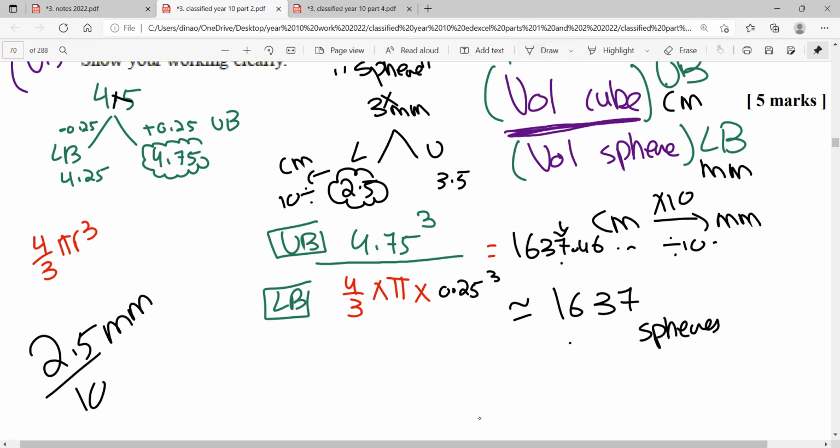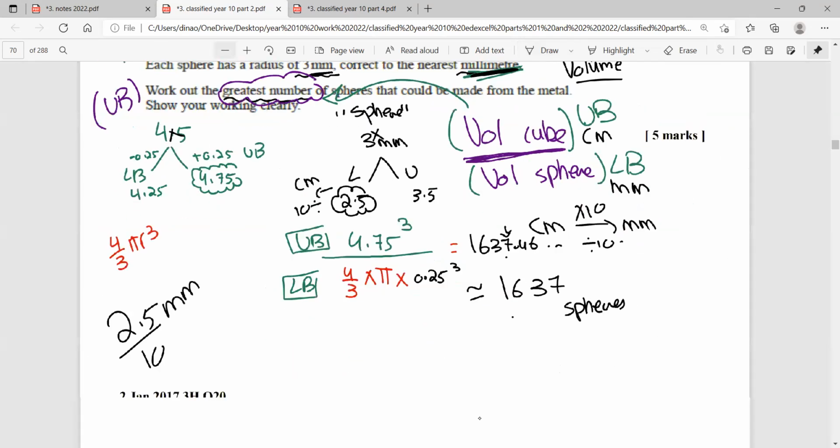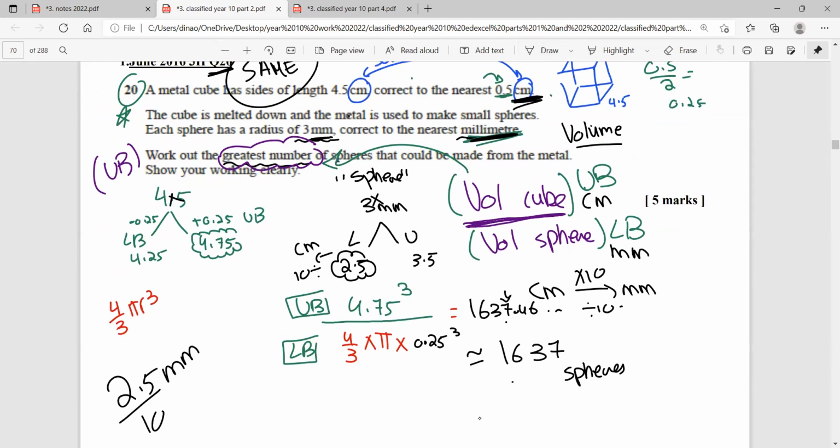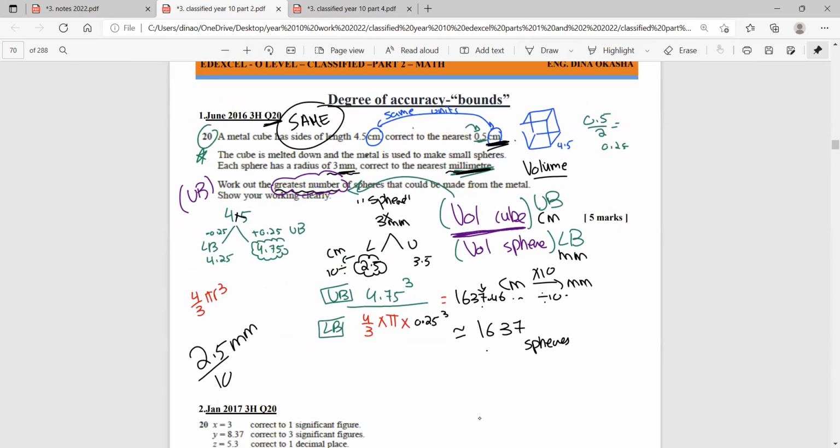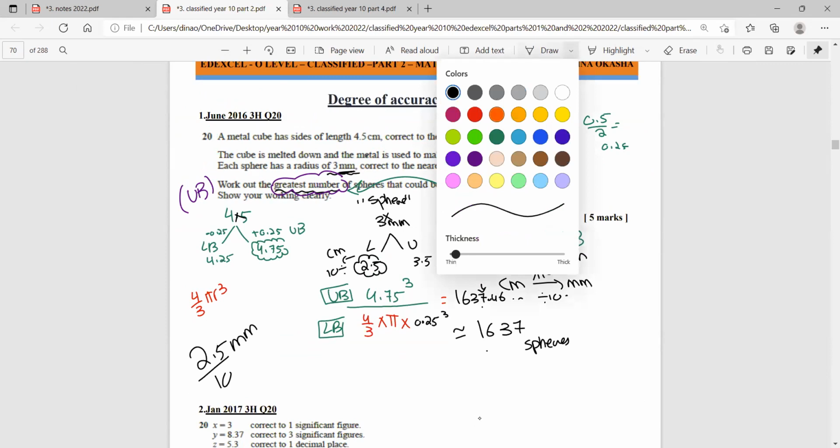So again, let me summarize. This is the last question. Let me summarize this question again real quick. I am given a cube, and this cube is melted down to make small spheres. To find the number of spheres, I had to find the volume of the cube and the volume of the sphere. Of course, I found the bounds first, as we explained.